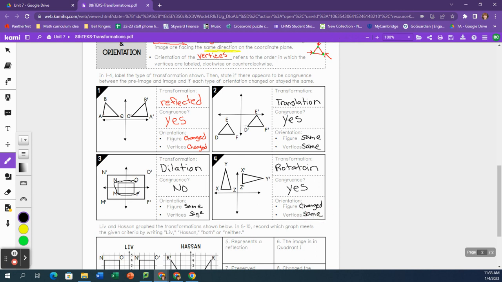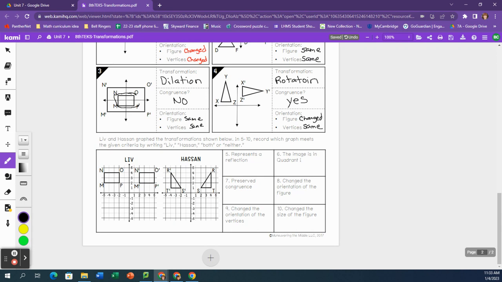Okay. Liv and Hassan graphed the transformation shown below. Record which graph meets the given criteria. Represents a reflection. Who has a reflection? That would be Hassan. Now, when the shape looks the exact same, how do you know if it's a reflection or not?